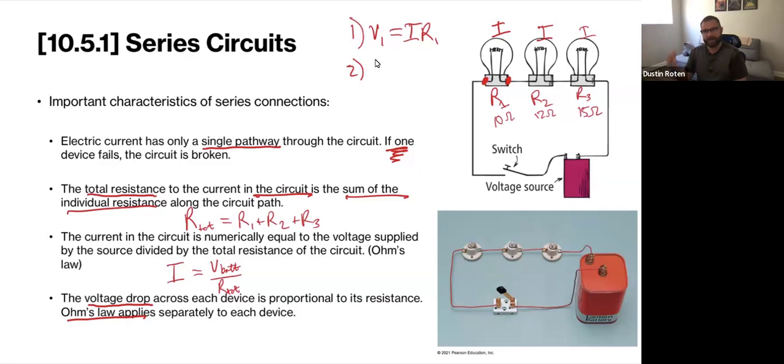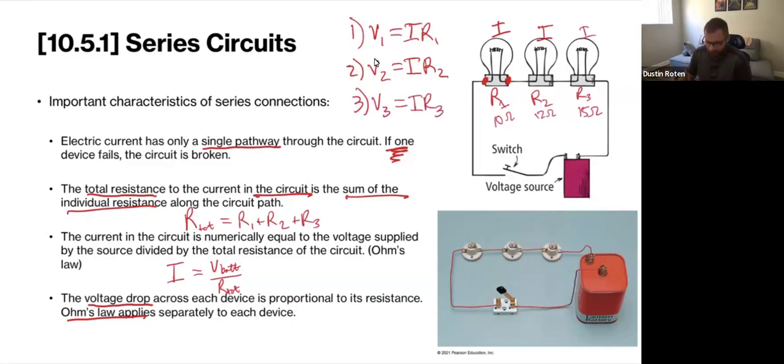Same thing, we could move to the second lamp in this. It's going to have a separate voltage drop, but it has its own resistance. The third lamp is going to have its own voltage drop because it also has its own resistance.